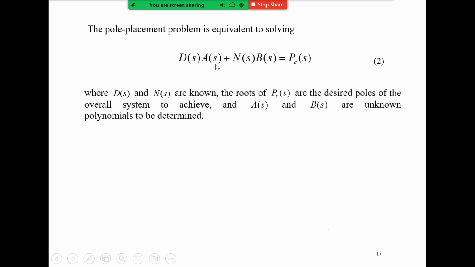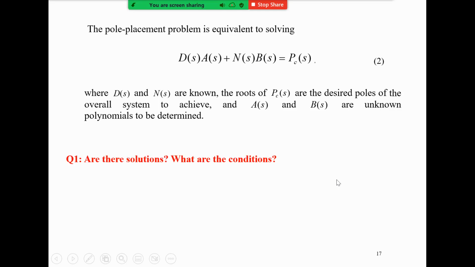So we want to find out A and B, those are the polynomials of s, where D and N are given. We try to find A and B to match our desired polynomial. The roots of this desired polynomial are the desired poles of the overall system to achieve. You know where the desired poles are. You design the desired closed loop polynomial, and then you want to design your A and B to satisfy this equation.